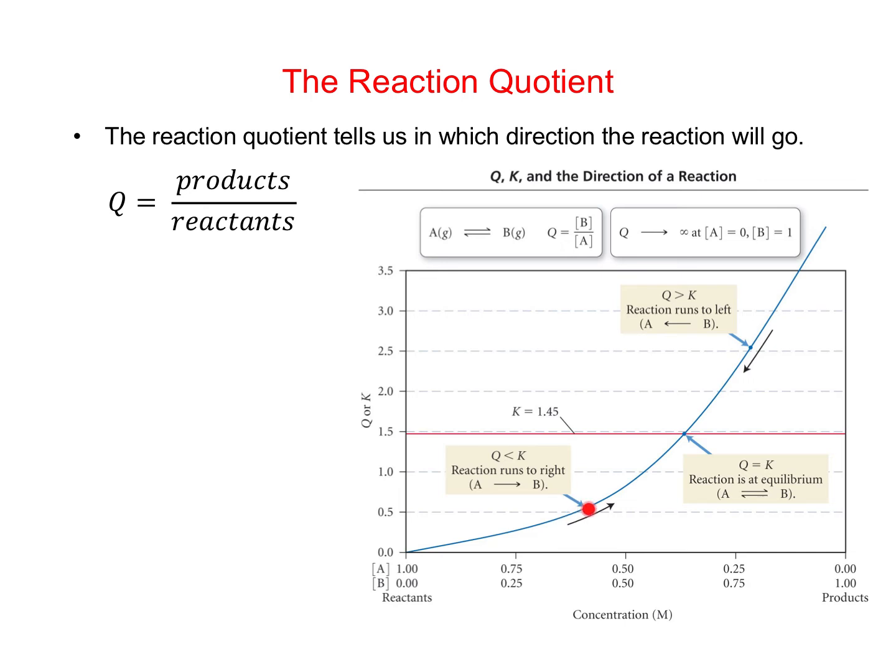If we're in this situation where Q is less than K, the way I think about that is that Q is too small. I don't have enough products. And so in that case, the reaction has to go to the right. In other words, we're going from A to B. So the reaction goes to the right to make more products in order to get to equilibrium.